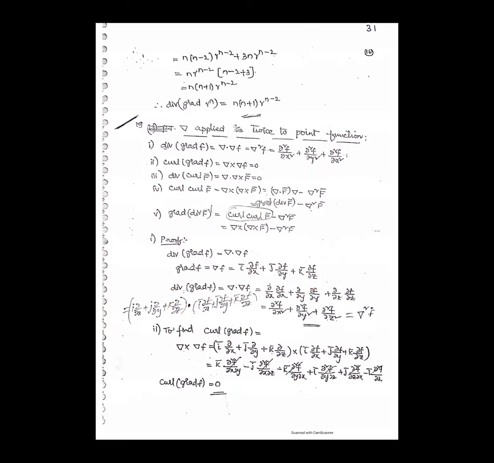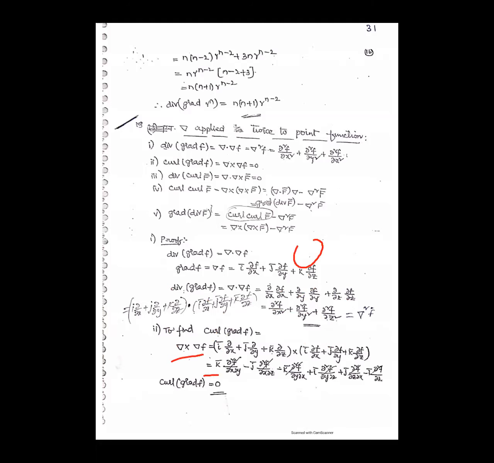So here, del cross del f means i cross i, first multiplying two terms. i cross i value is 0. Next i cross j, the next value is k.